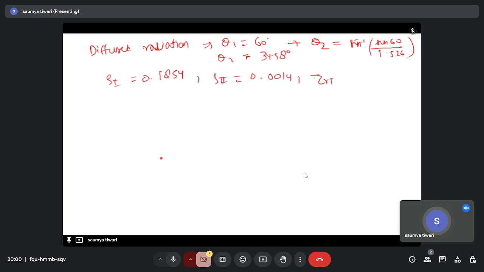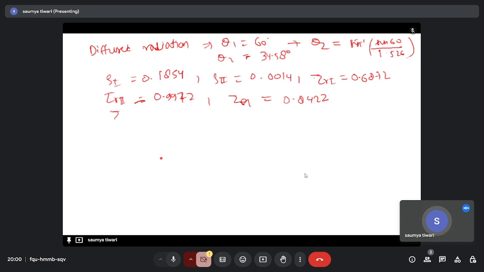So tau r1 value is 0.6872 and tau r2 value is 0.9972, and then we will calculate the average of these two values to get the tau r value, which will be 0.8422.